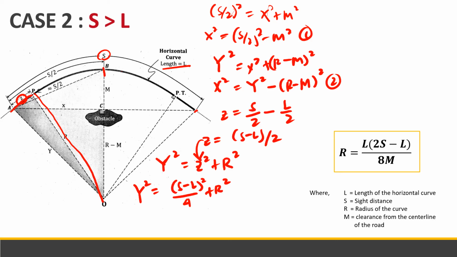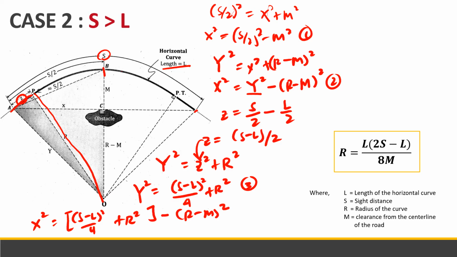So substitute na naman natin yung equation 3 dito, so magiging x squared is equal to (s minus l) squared over 4 plus r squared minus (r minus m) squared. So this is equation 4.